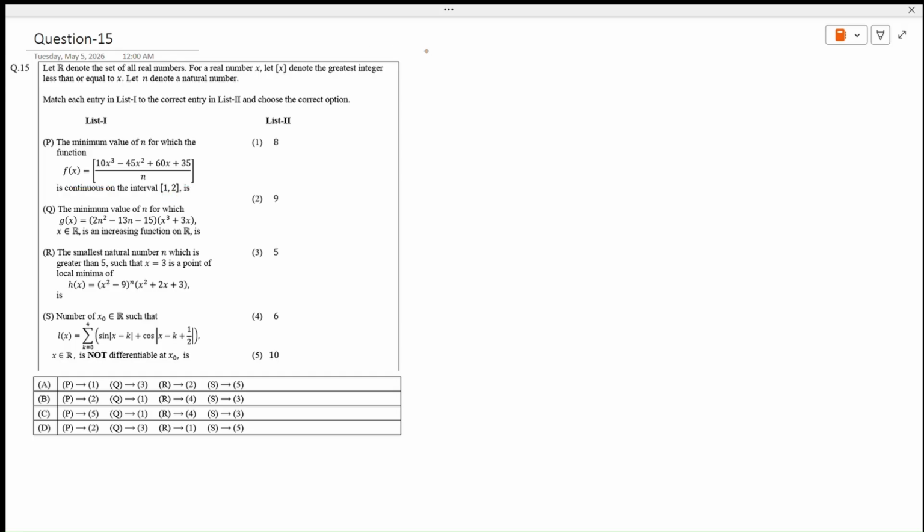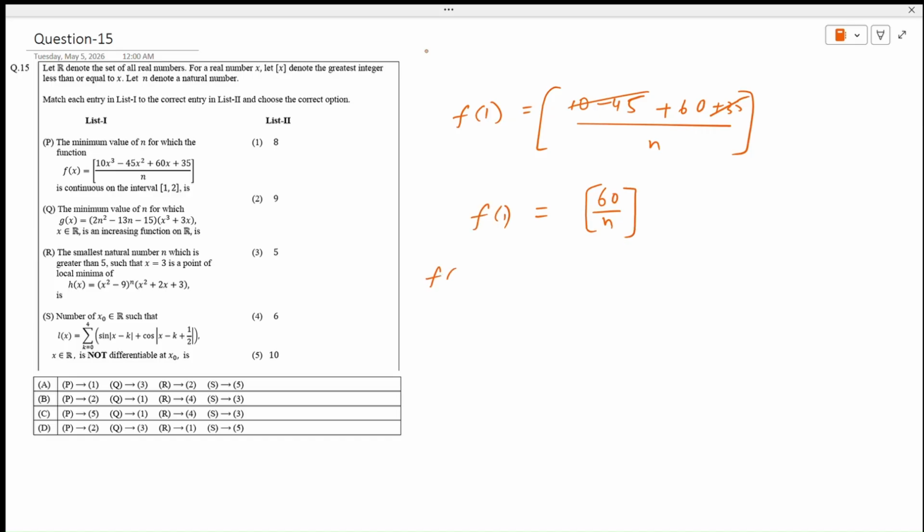So now let us find f of 1 and f of 2. F of 1 is equal to 10 minus 45 plus 60 plus 35 upon n, and that is equal to, so this is minus 35 plus 35, you will be getting 60 by n. Okay, this is f of 1, and let us look at f of 2.